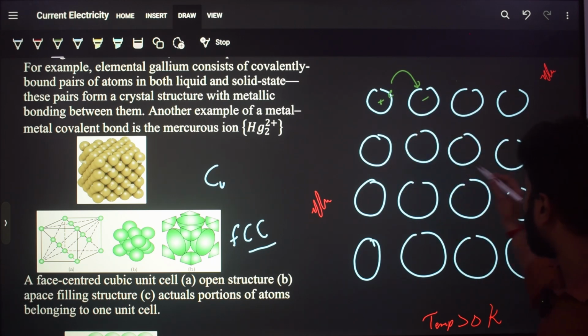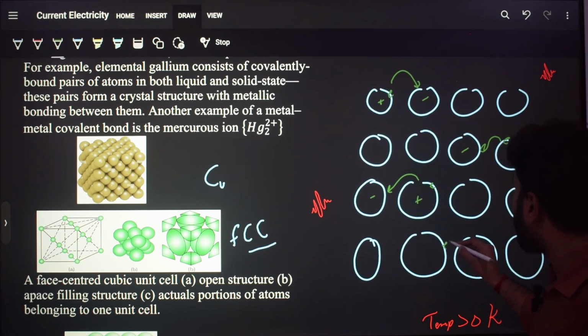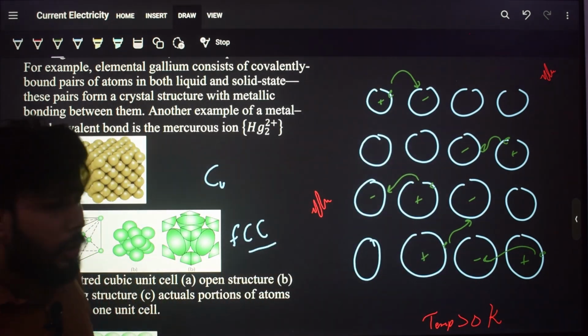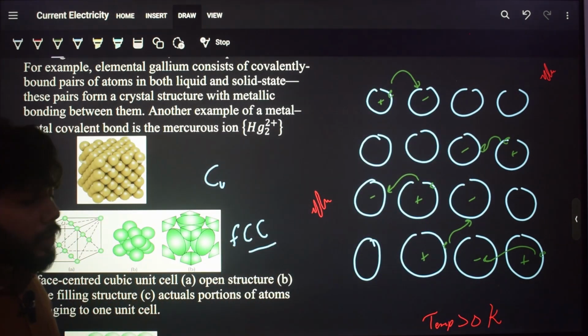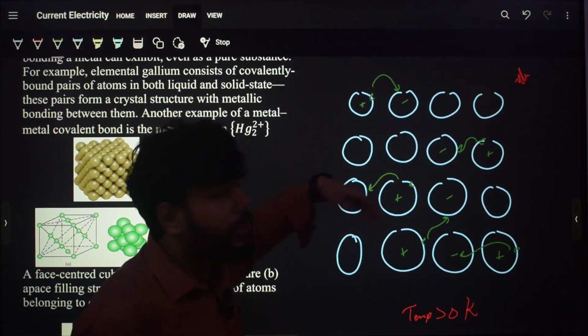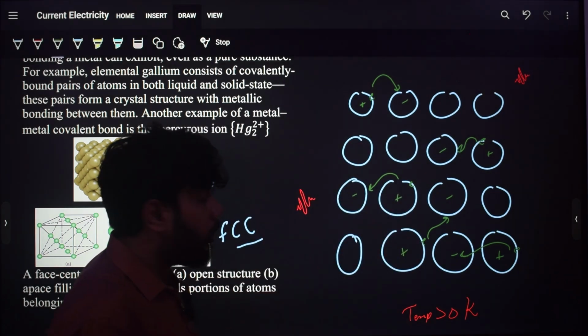Not just for these two, there will be many atoms which will do this transaction of electron simultaneously, and this transaction lasts for a very small duration, less than a nanosecond. And just after this transaction, there is a possible chance another atom will give the electron, and this will become neutral, and this can also become neutral.